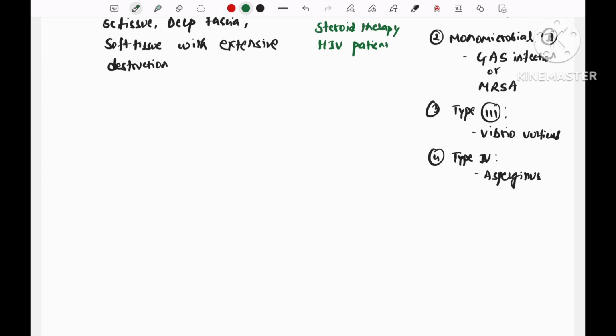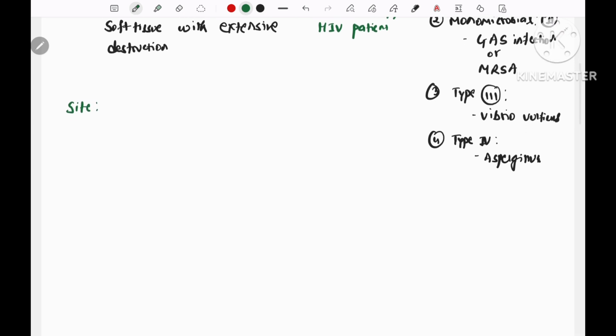If we talk about the site, it is mostly the lower limbs. Apart from the lower limbs, it can also occur in the abdomen.